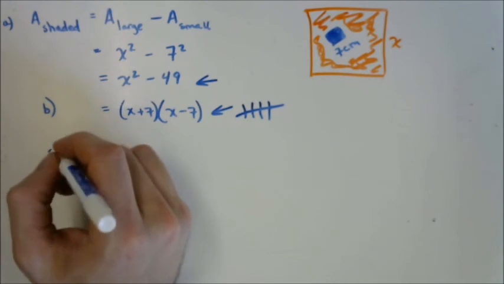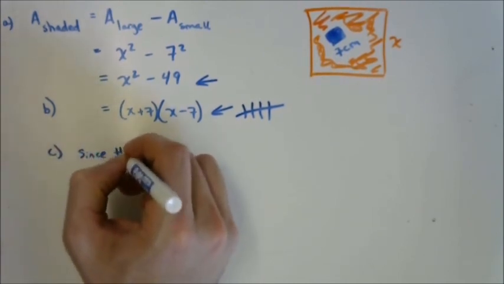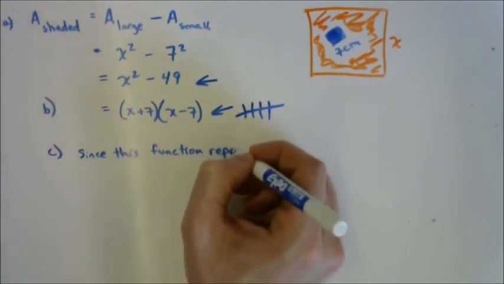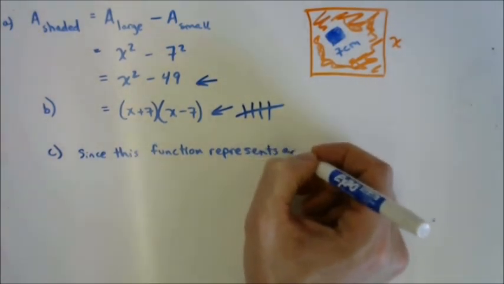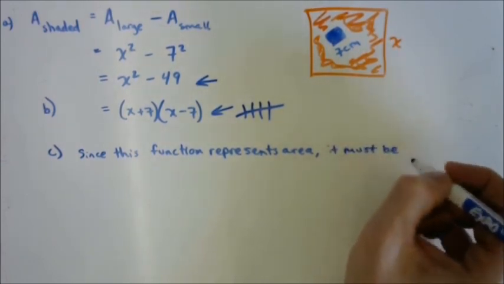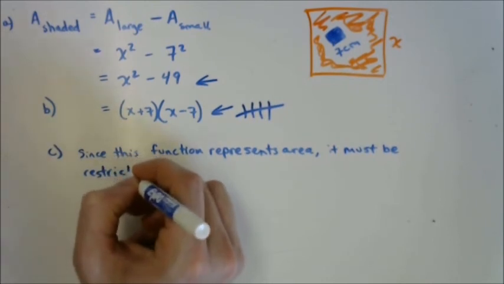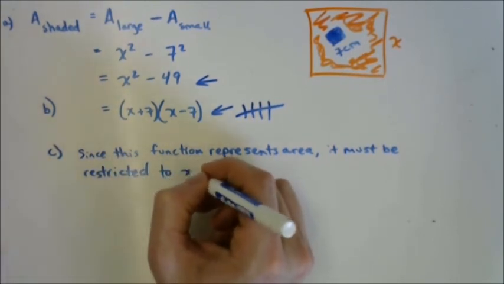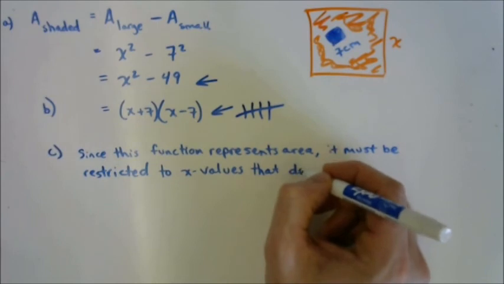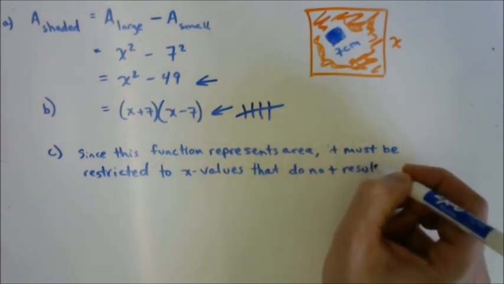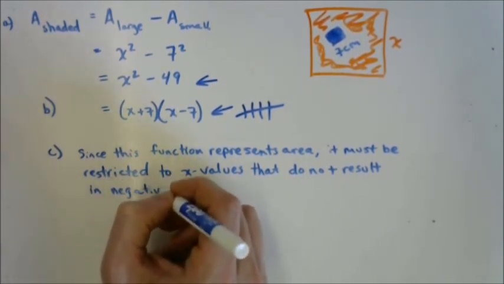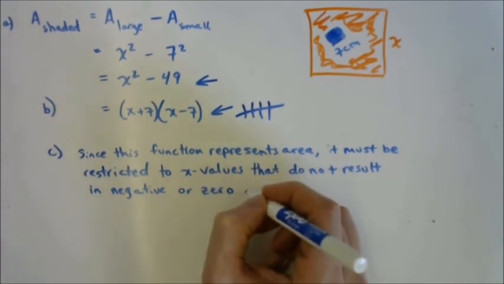Okay? We're going to take a little jot note there. Since this function represents area, it must be restricted to x values that do not result in negative or 0 areas.